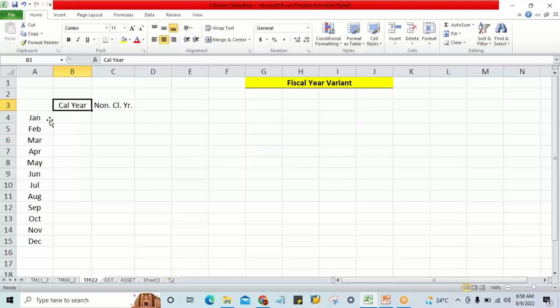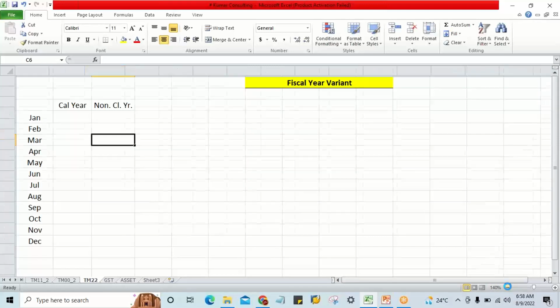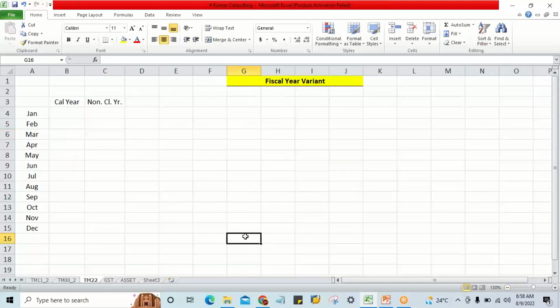So if we are going to follow calendar year, I'll make it a bit smaller. So here, calendar year, non-calendar year. Calendar year means you just cut it and paste it here.